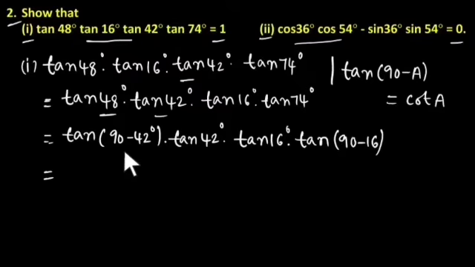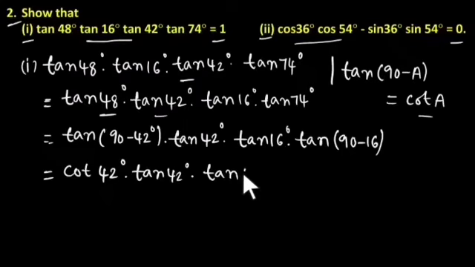Tan of 90 minus 42, so it is in the form of tan of 90 minus A. Tan of 90 minus A is cot A. So we get cot 42 here into tan 42 into tan 16 into tan of 90 minus 16. The same formula, tan of 90 minus A. So here A is 16. So tan of 90 minus 16 becomes cot 16.